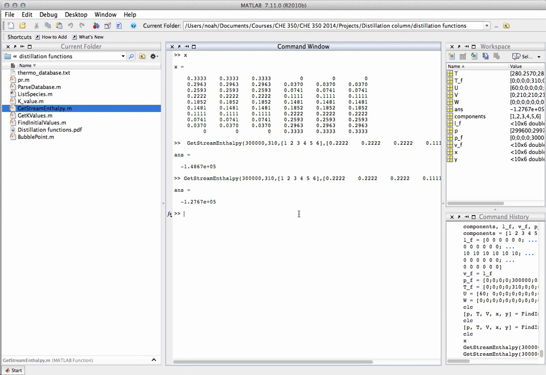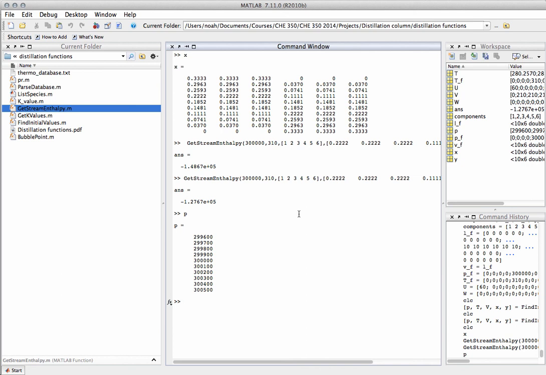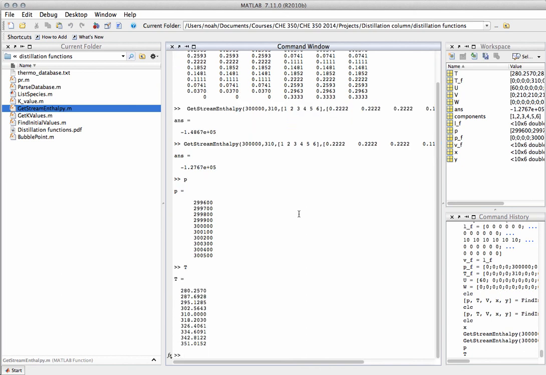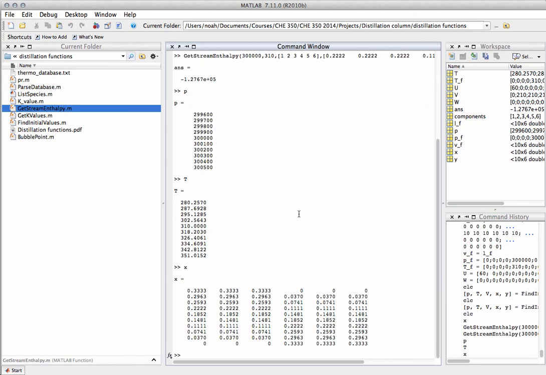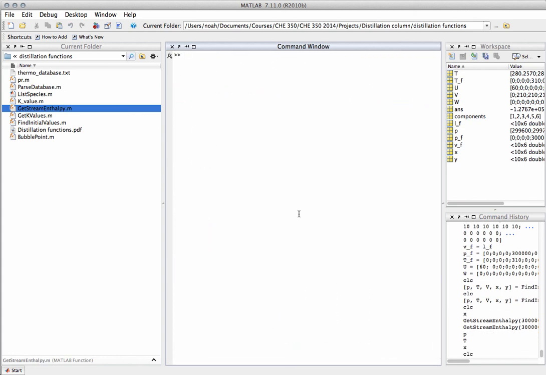Okay, so how would this work? Well, we've got our pressures defined, right? Pressure is P. We've got our temperatures defined. Temperature is T. All right, so we already have those in vector format. We can also look at our X compositions. Those are all defined. So let's do get stream enthalpy with our pressures as defined, temperatures, component numbers is the same, 1, 2, 3, 4, 5, 6.